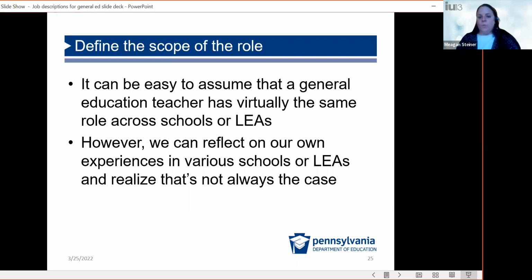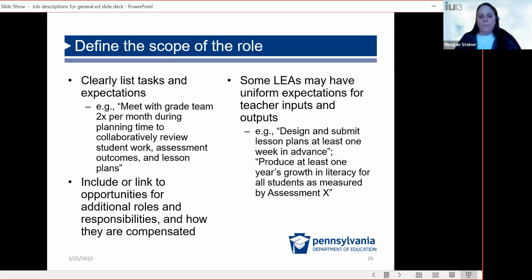That's a role that can vary quite a bit depending on what the school expects of a lead teacher. So this includes clearly listing tasks and expectations, like are you meeting with a grade team to do certain things at certain points, and what are you doing? Include or link to, as I mentioned, opportunities for additional roles and responsibilities and how those are compensated.